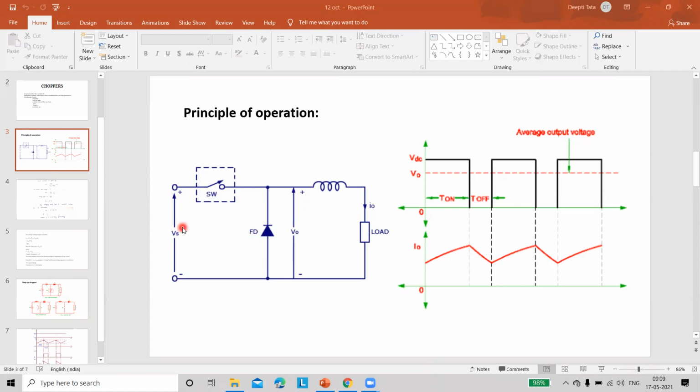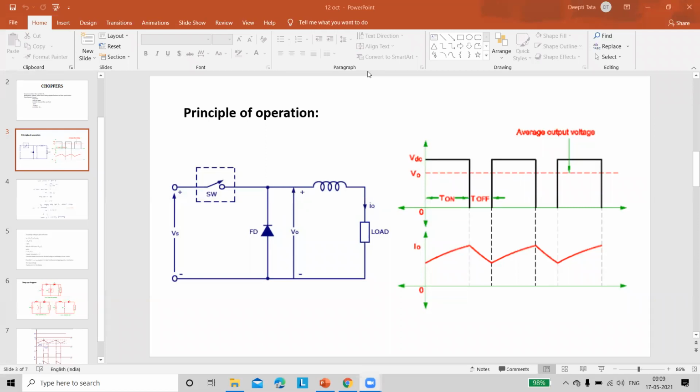And just observe the circuit. Here Vs is the supply voltage, and it is a chopper. Because of this chopper, the input supply is DC and the output is also DC. Because of this DC, you have to provide the polarities: the upper terminal as positive and the lower one as negative.